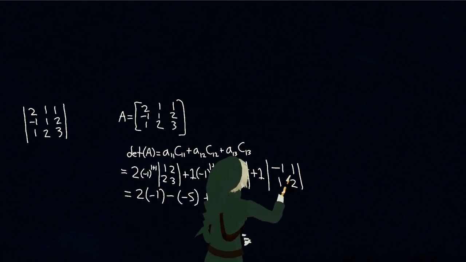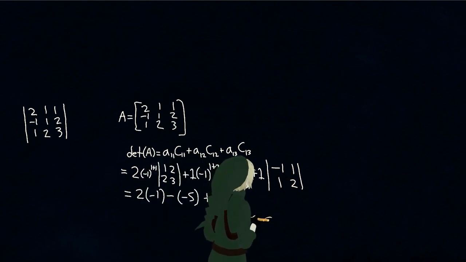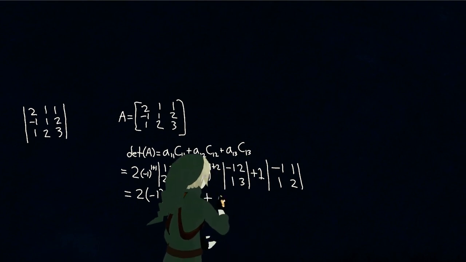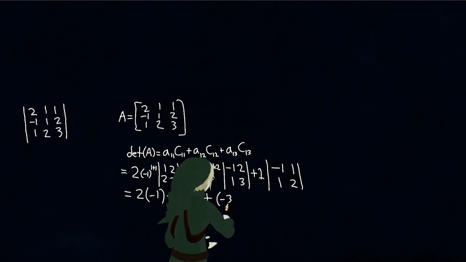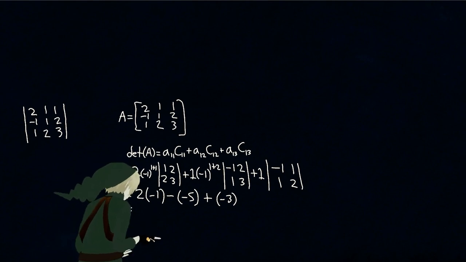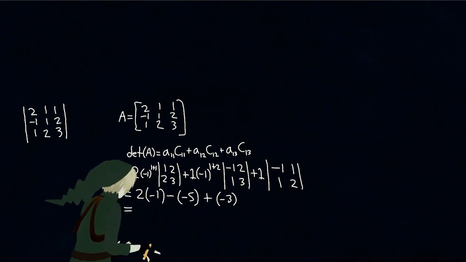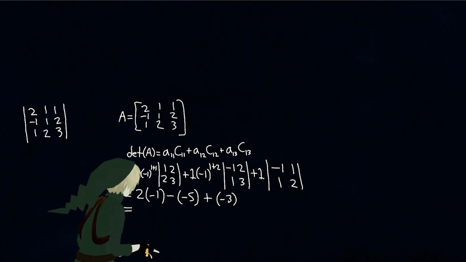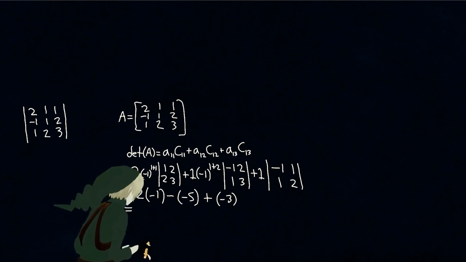Plus 1 times AD minus BC, that's -2 minus 1, which is -3. I believe I did this correctly, but yeah, that seems about right.